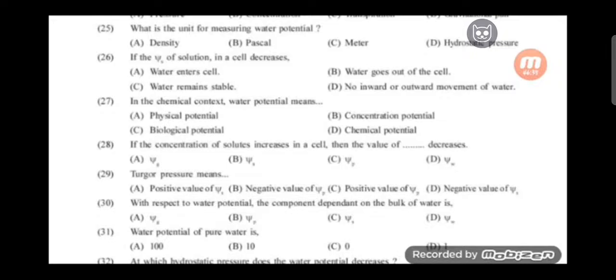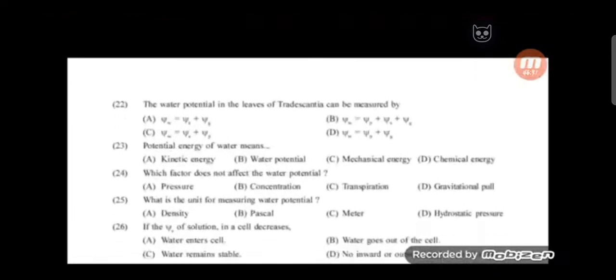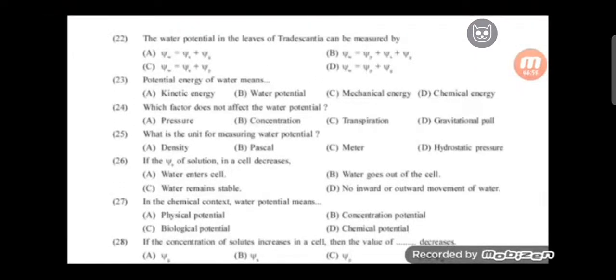Will we use the unit density, Pascal, meter, or hydrostatic pressure? Which unit will we use? So therefore, the unit that we use to measure the water potential is Pascal. So, option B is the correct answer for question number 25.